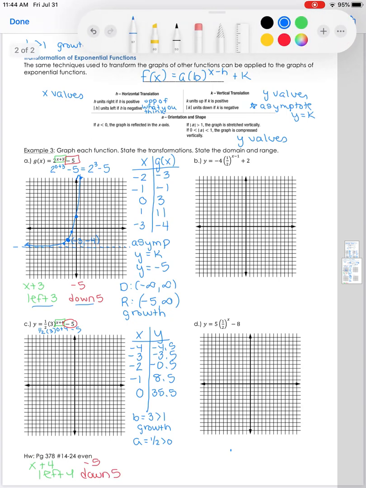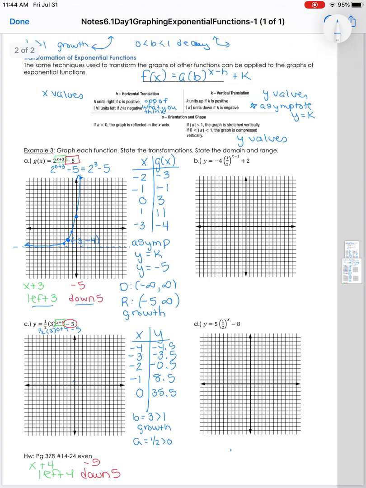So according to where I was, if it's too hard with all these random decimal points, think, if originally we were starting at (0, 1), well, now we're going left 4. So 1, 2, 3, 4, and then we're going to go down 5. 1, 2, 3, 4, 5. So my new point should be (-4, -4).